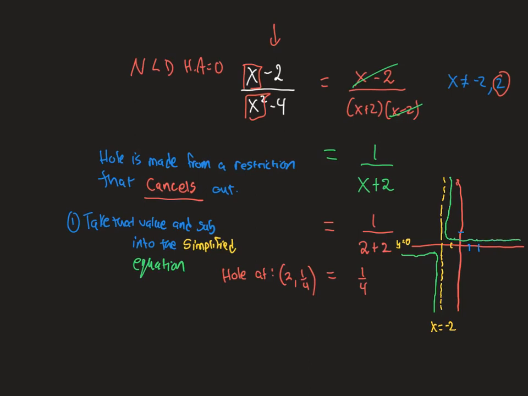Now, what does this mean for the hole? Well, we'll do a little erasing here. At 2 and 1/4, which is 0.25, you should have what they call a hole. So instead of a shaded in dark dot, you have a hole.